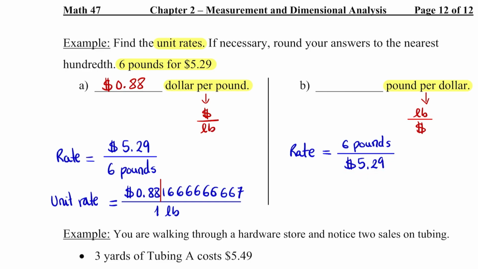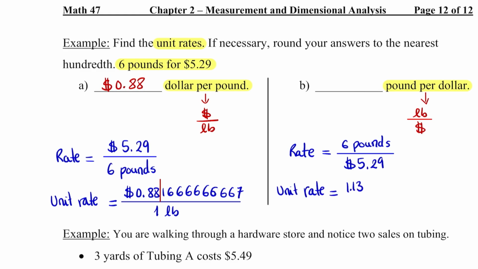So I take 6 divided by 5.29, and I have 1.134215501 pounds over $1. The question is asking me to round to the nearest hundredth, which is 2 decimal places. So that's 1.13 pounds per dollar.